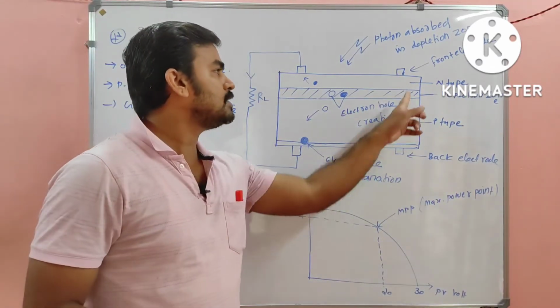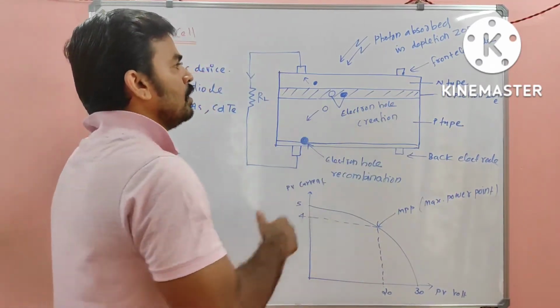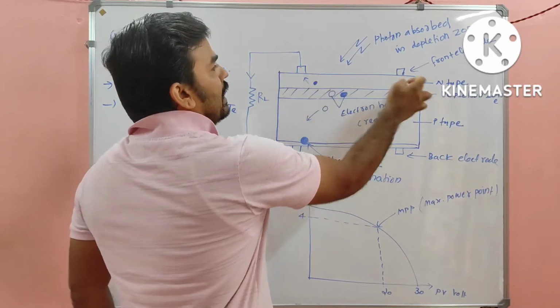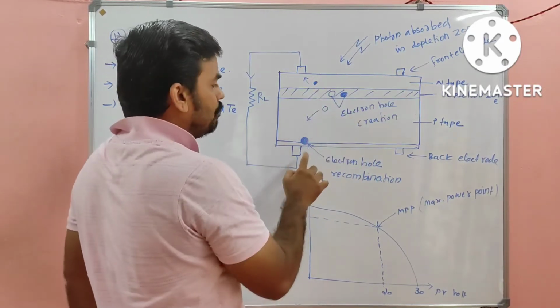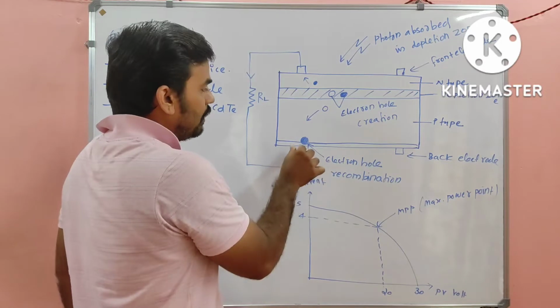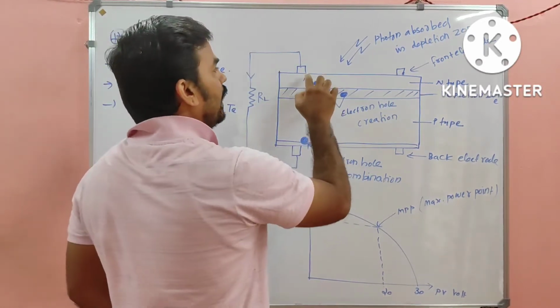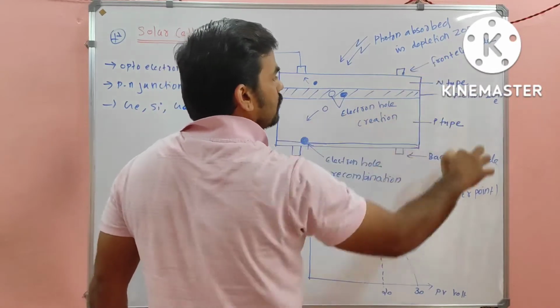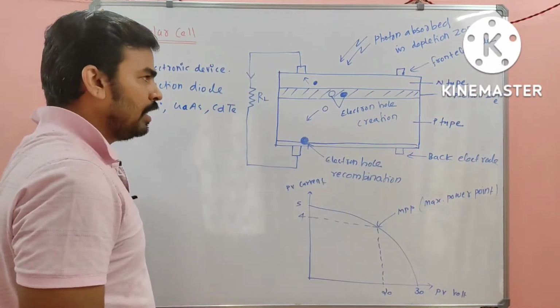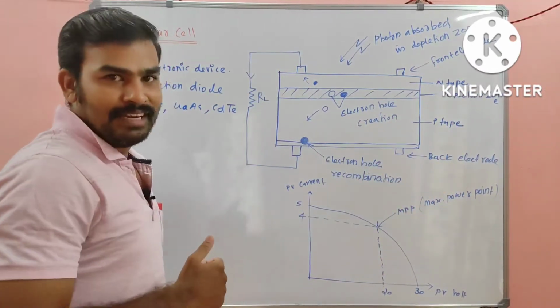Finally this structure will be like this, and on the top of the N and the bottom of the P, we make two electrodes for the external connection. You can connect the load here or here, no problem. How this works is very interesting.